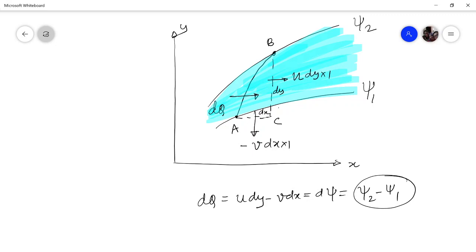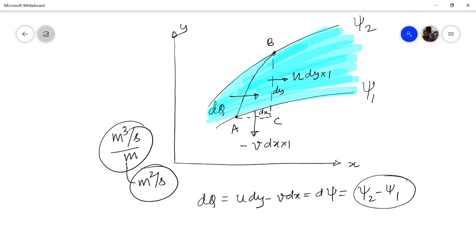So the difference in stream function between two adjacent streamlines gives the volumetric flow rate within the streamlines per unit width in the normal direction, and this is happening across a line AB. If you are asking for the unit of this particular thing, then the unit will be meter cube per second per meter, or you can also write it as meter square per second.